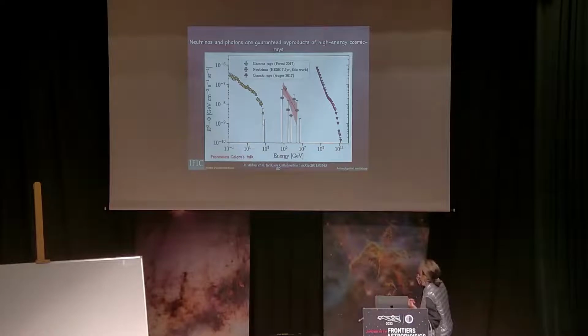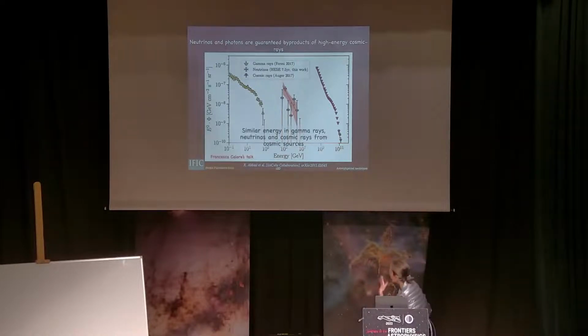Here you can see the gamma rays, the neutrinos as detected by IceCube, and also the ultra-high energy cosmic rays, in energy. This is the spectrum times E squared. So we expect similar energy in gamma rays, neutrinos, and cosmic rays from cosmic sources.